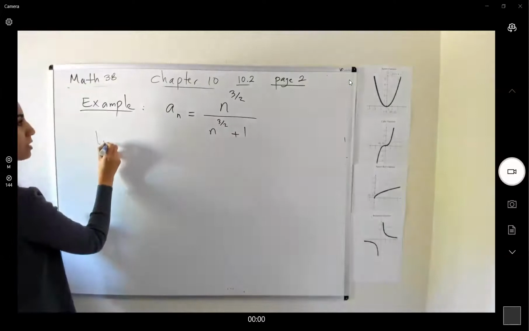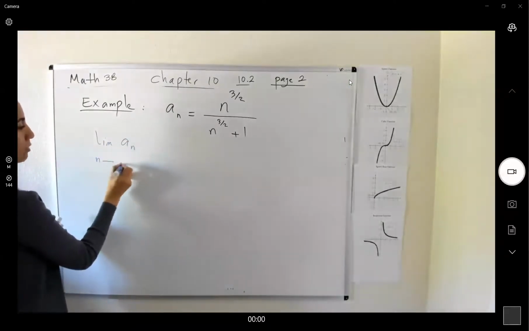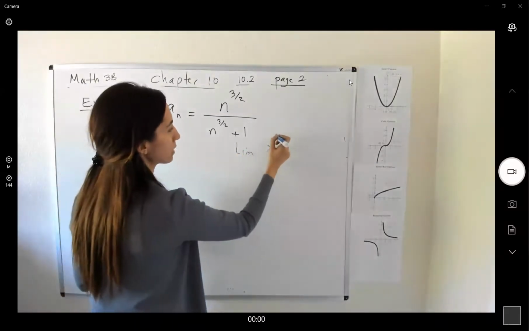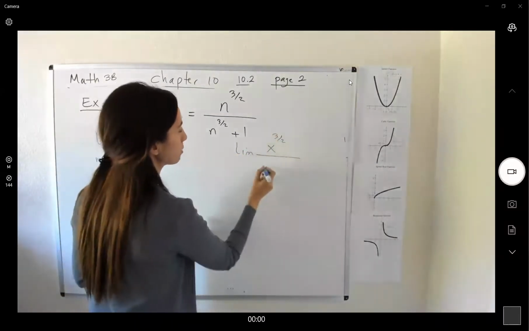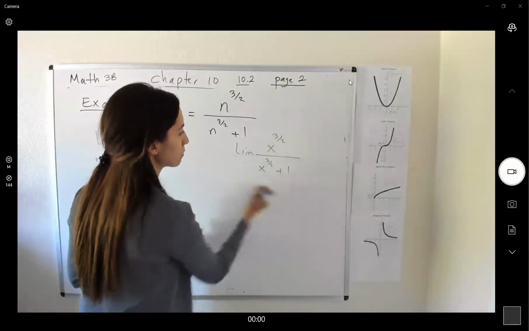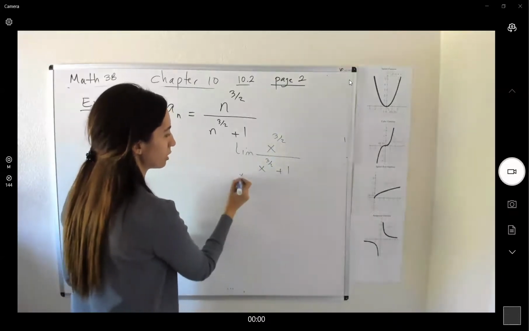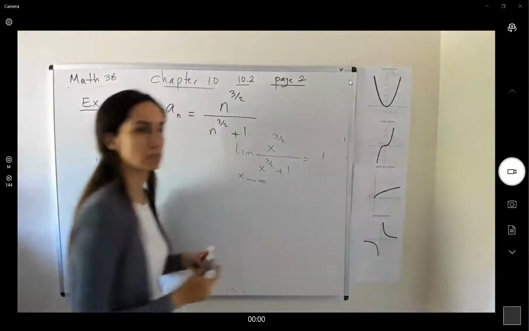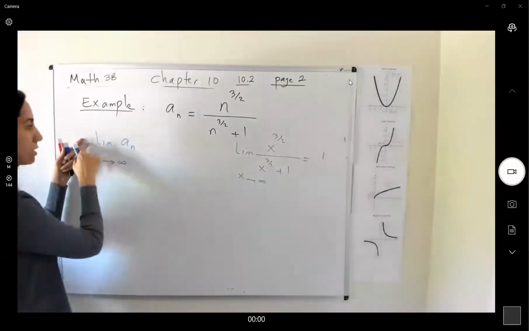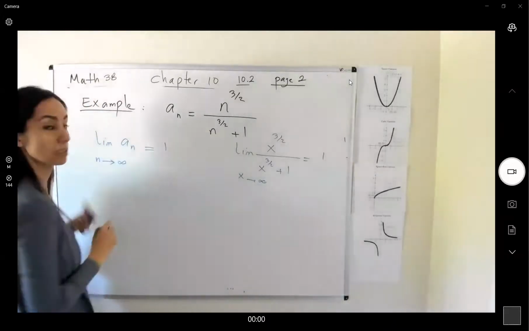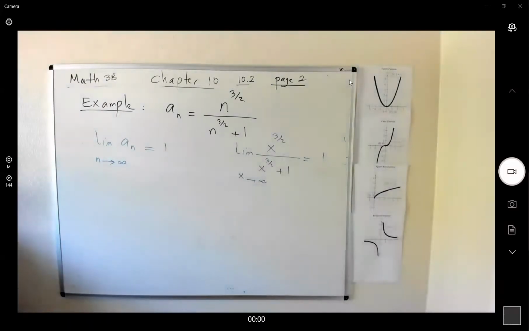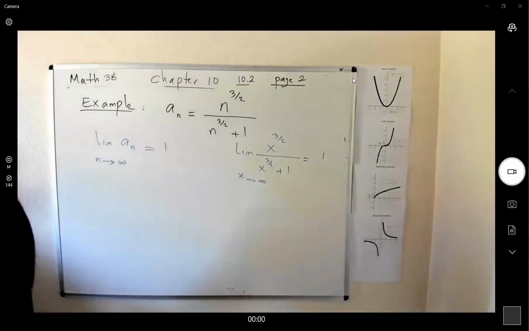So the limit of a sub n as n goes to infinity is equivalent to finding the limit of x raised to 3 halves divided by x raised to 3 halves plus 1 as x goes to infinity. By applying L'Hopital's rule, this is equal to 1, and you can say that the limit of the function is equal to 1. Another example.